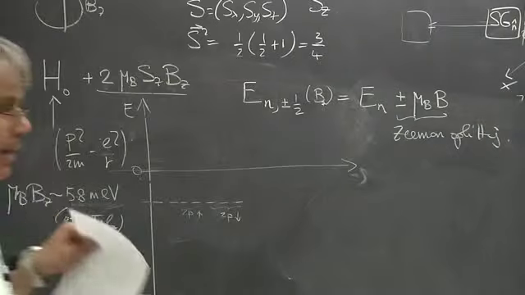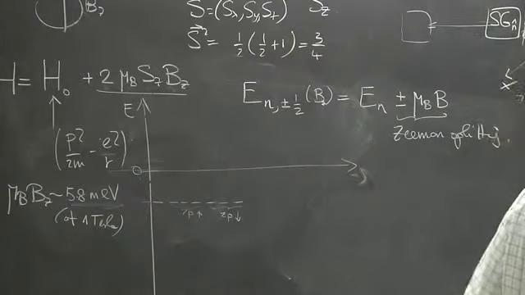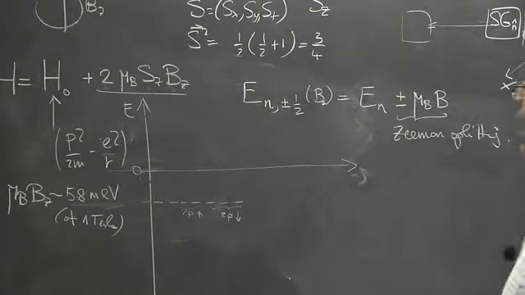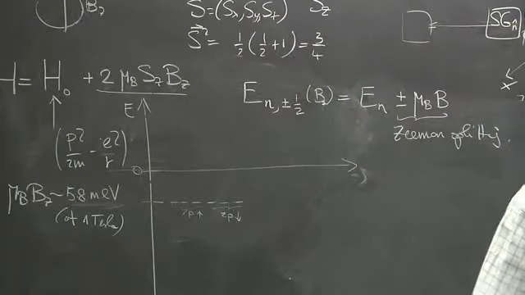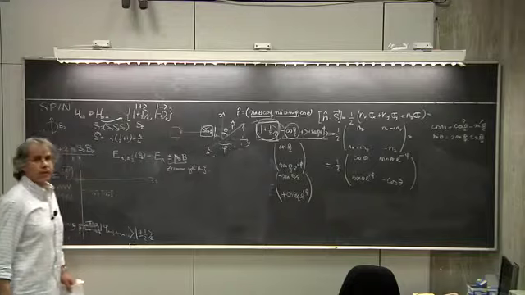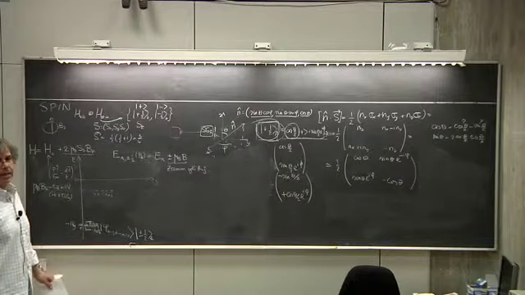Suppose that I prepare now my system in a certain state, for instance, in this spin state. How do I do that? For instance, by going through a Stern-Gerlach apparatus.